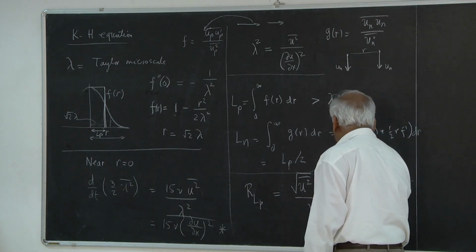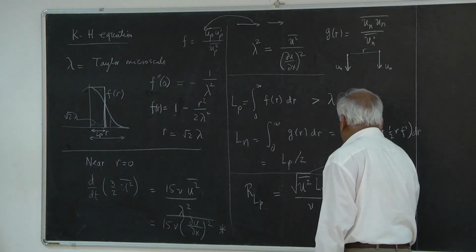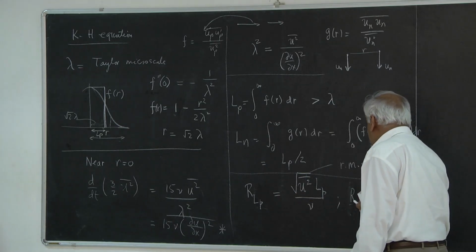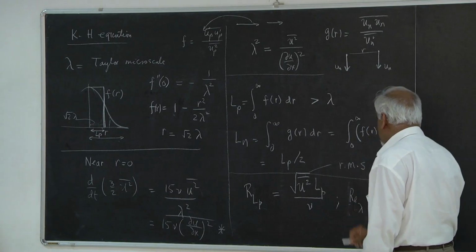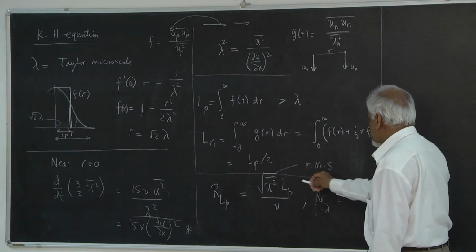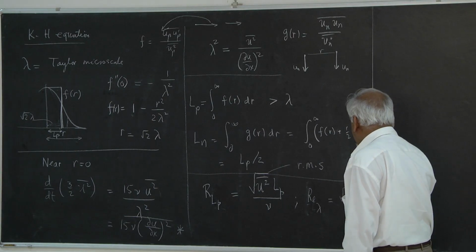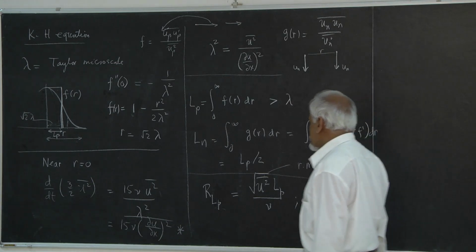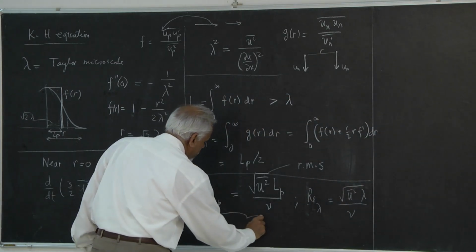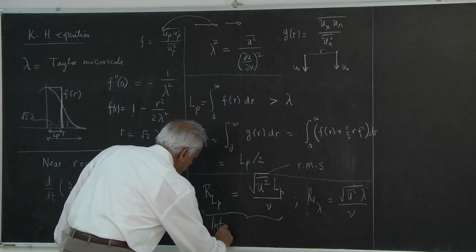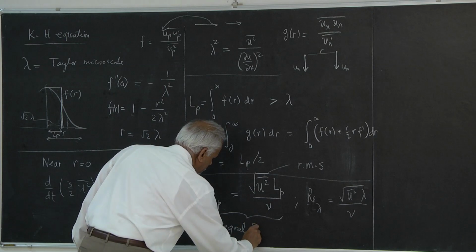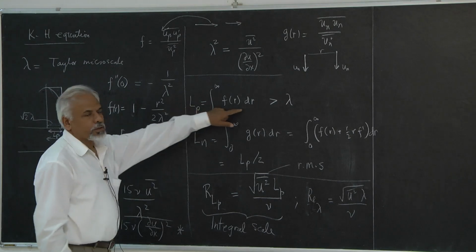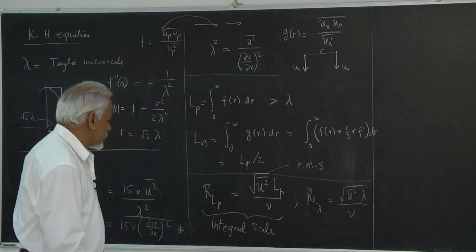Likewise, you can define, of course, Re_LG, which is just half of that, so I don't have to write it separately. But Re_lambda, let's say, this one here, you define the same way using lambda instead of L_P. And so this is the so-called integral scale Reynolds number. Integral scale because L_P is just obtained by integrating this function f.